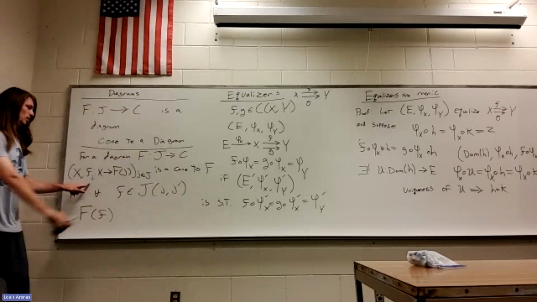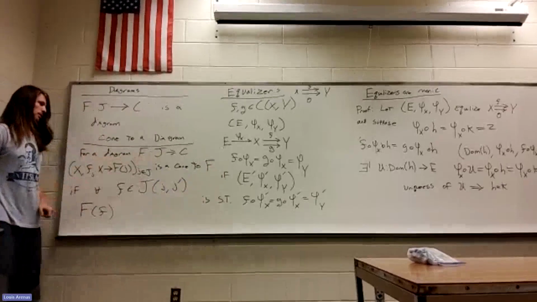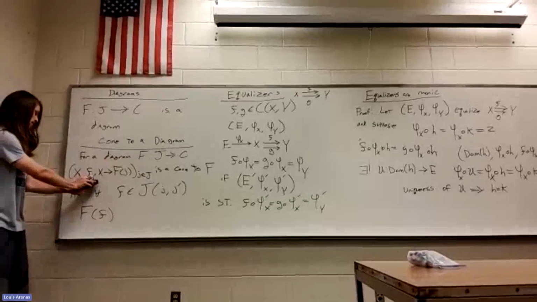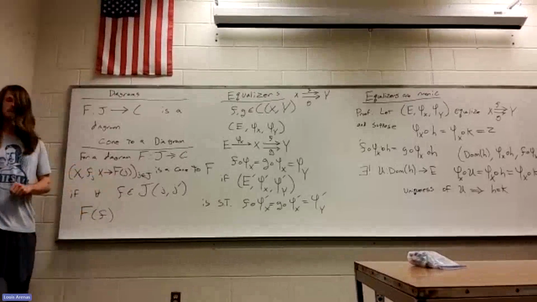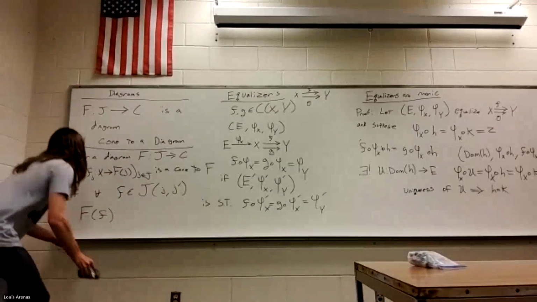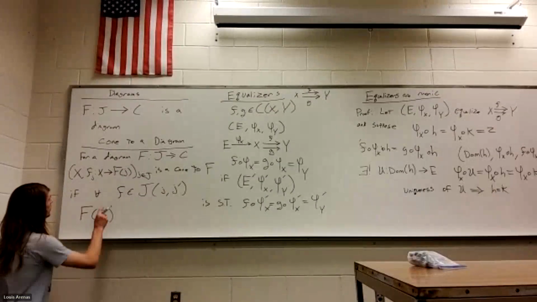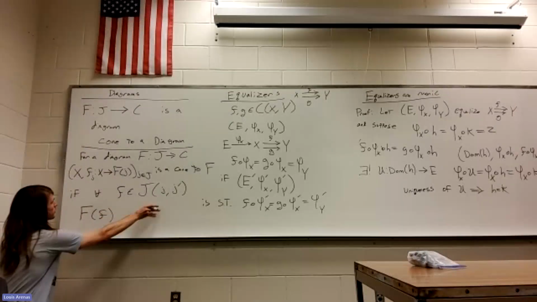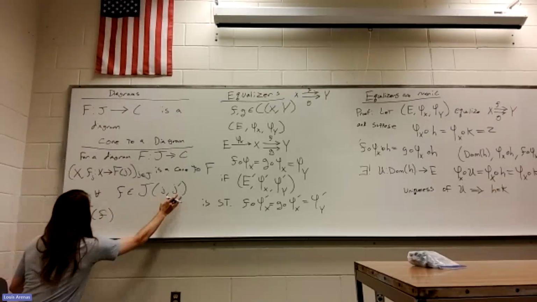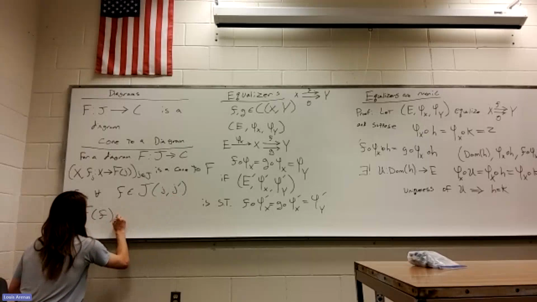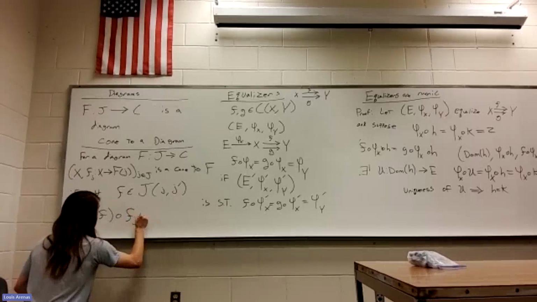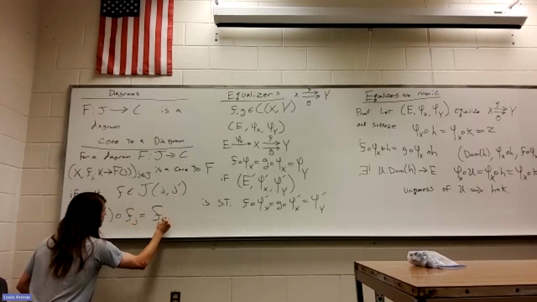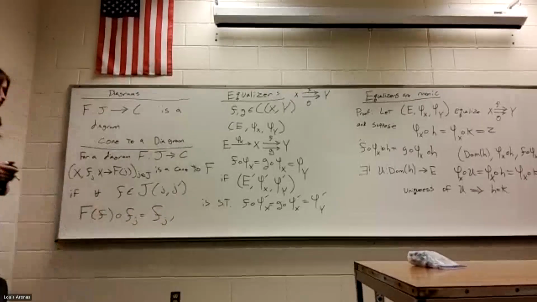Not just morphisms over the index category, but specifically for every object in the index category, we're mapping to the image of that object under our functor. And now, this fellow right here, he maps from j prime, so I want to compose fellow that goes into j, and that will equal fellow that goes into. So this is the idea behind it.